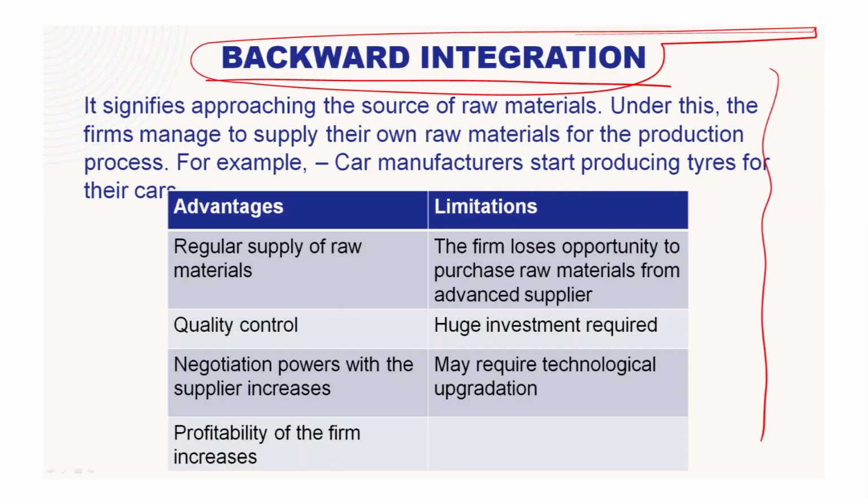merger types. One is backward integration and the other is forward integration. Backward integration means going back to the source of the raw material. Under this, the firms manage to supply their own raw material for the production process, like a car manufacturer starting to produce tires for their cars.